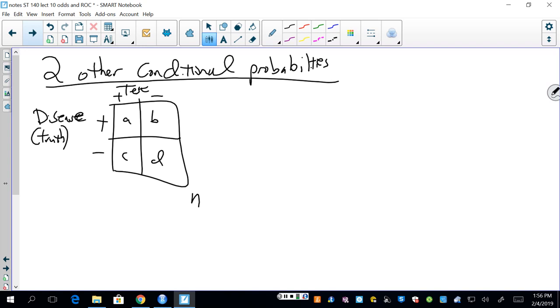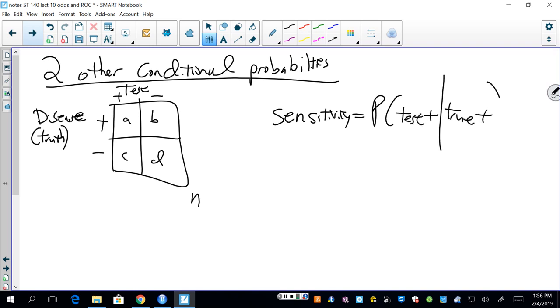If it doesn't say yes most of the time, it's not going to be that useful. That is called sensitivity. It's the probability that somebody tests positive, given that they're truly positive. If these were counts of people, there are A plus B in this sample that are truly positive, and A out of those test positive, so A over A plus B is the sensitivity.